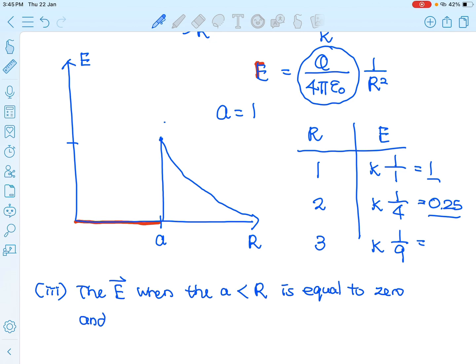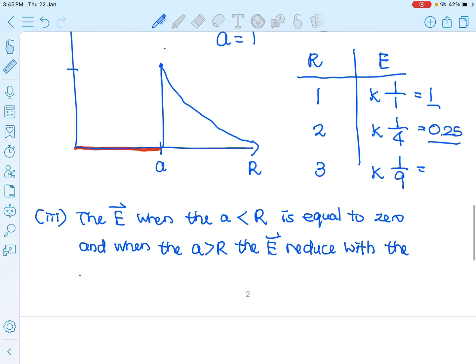And when r is greater than a, the electric field intensity reduces with the ratio of 1 over r squared. This is how the electric field intensity drops versus the distance. So just mention it in sentences, yeah?